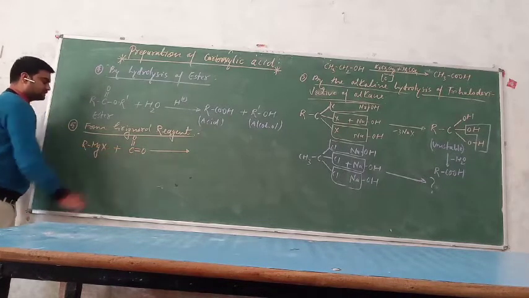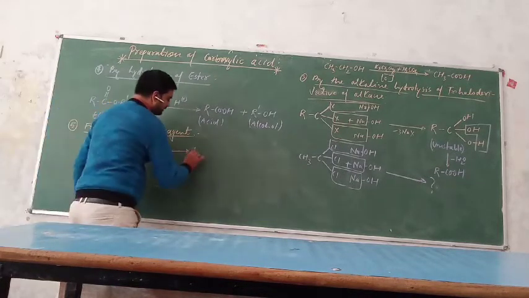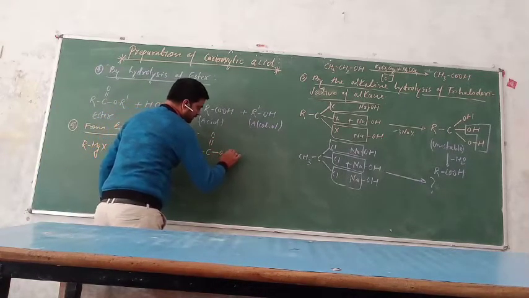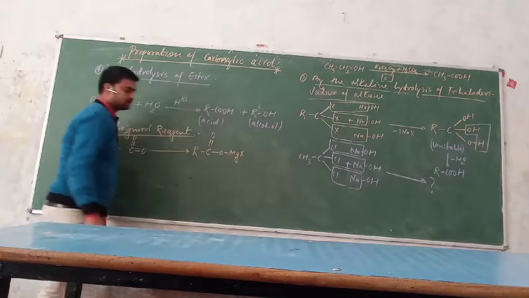and R will be joined with the carbon atom and the double bond will become single, like this: OMgX. Clear?